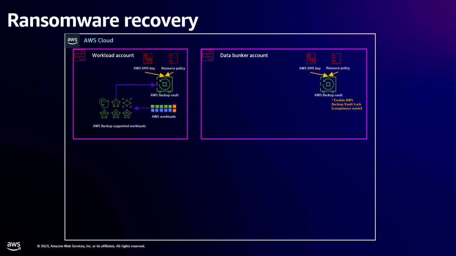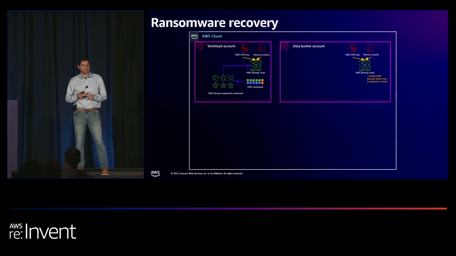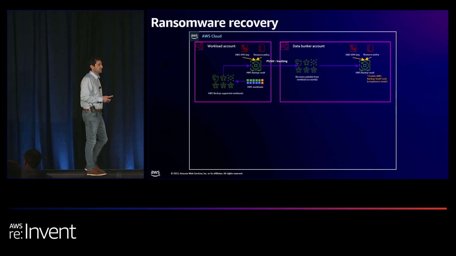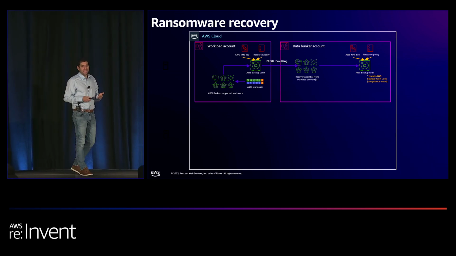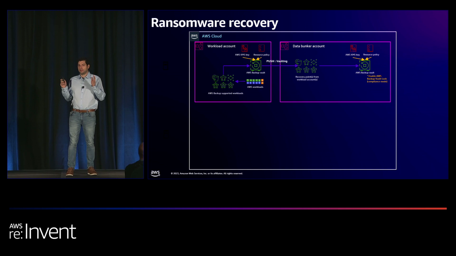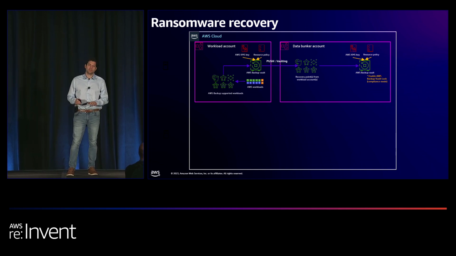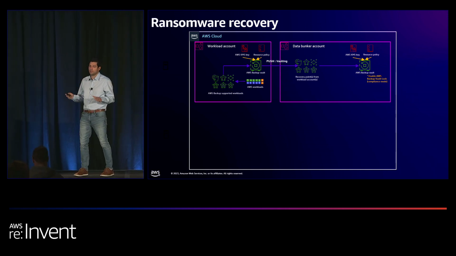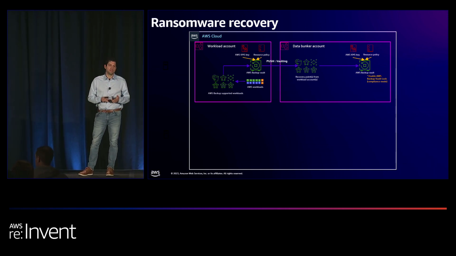But if I'm using a completely separate data bunker account and enabling the vault lock, even root access can't delete the snapshots. But I need the snapshots there, so I need to enable push of the snapshots between the vaults. And now I have my bunker account, which is absolutely safe from any tampering with those immutable snapshots.